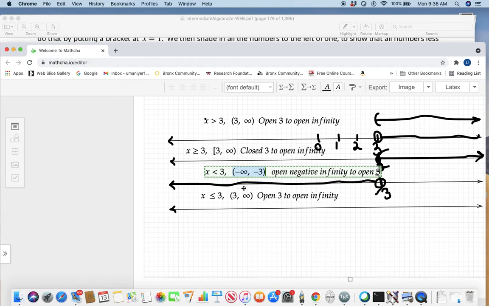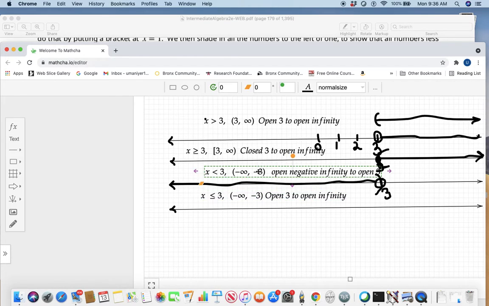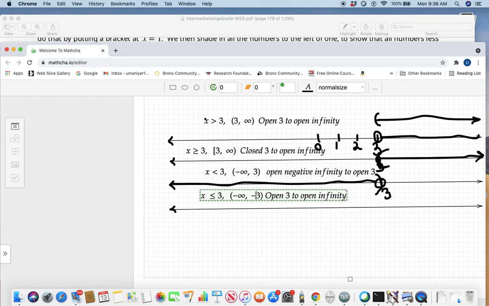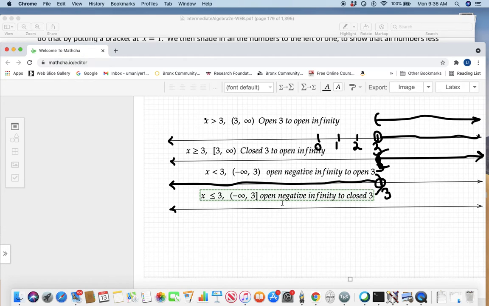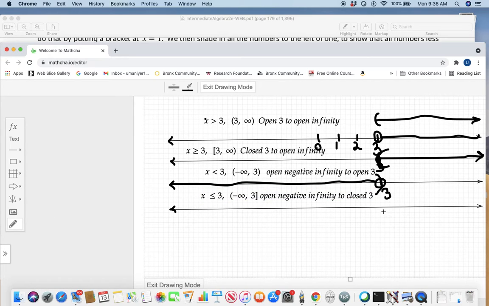You're going from negative infinity to 3, but this time it's a bracket at 3. Okay. So open negative infinity to closed 3.